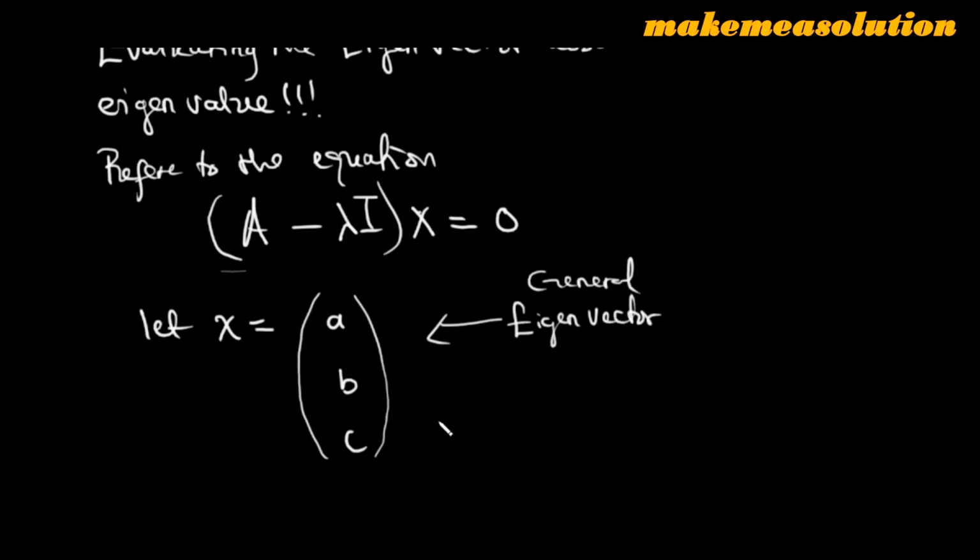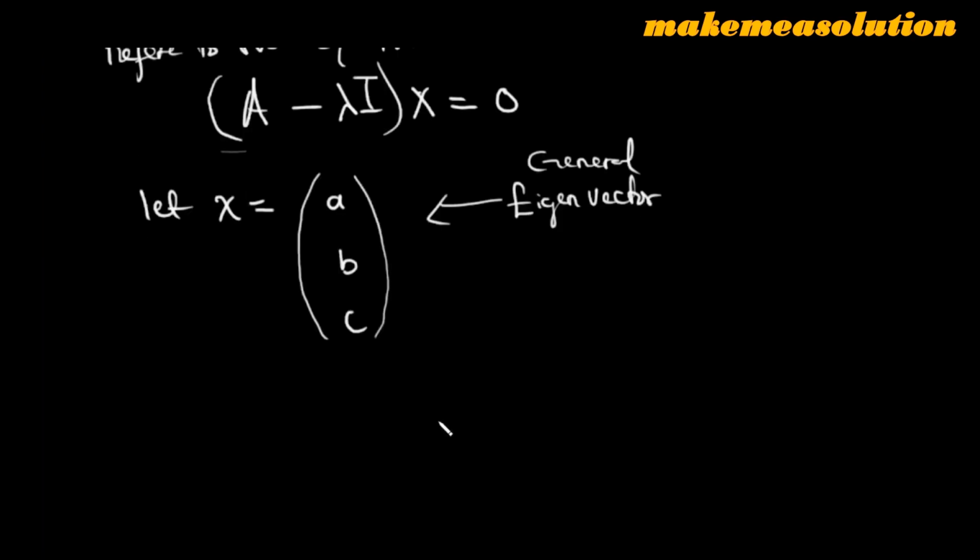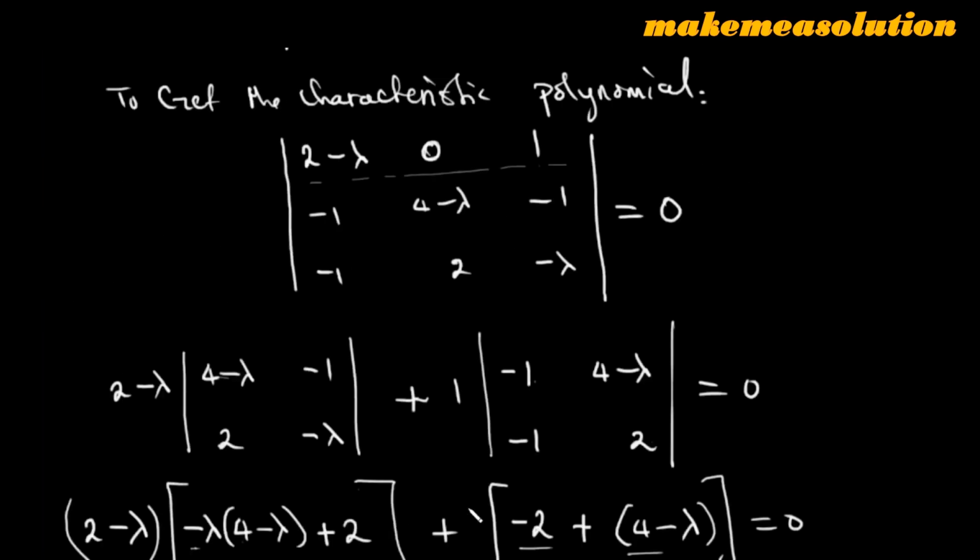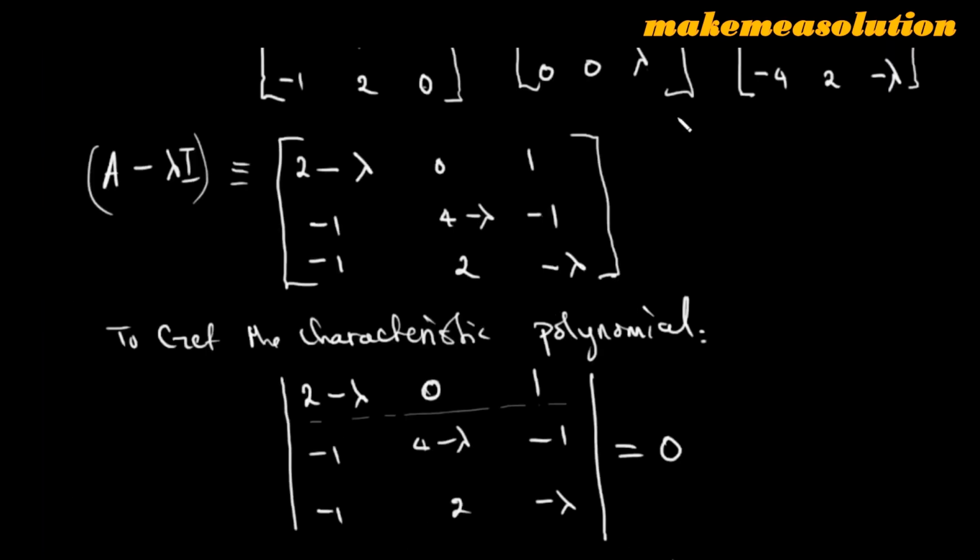So we are now going to start evaluating our eigenvectors, but we need to recall that A minus lambda I has already been gotten. So A minus lambda I was gotten from what we have over here at this point. Okay, so that we'll not have to do the solving again.